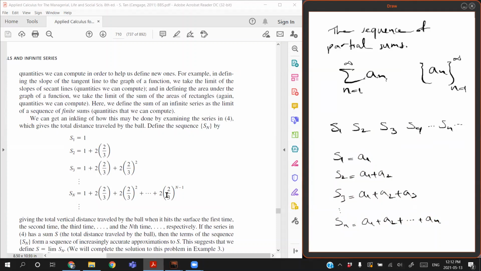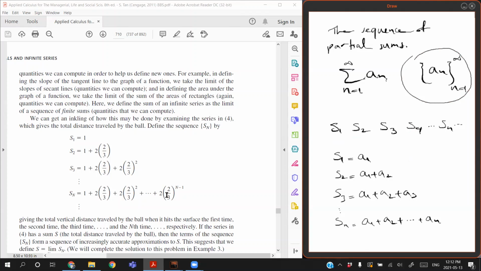So as you can see here, we have a sequence. Yes, we have an endless list of numbers, S1, S2, S3, S4, all the way. And this sequence has been defined based on the original sequence that we had over here. It's called the sequence of partial sums. And this is how it's defined.